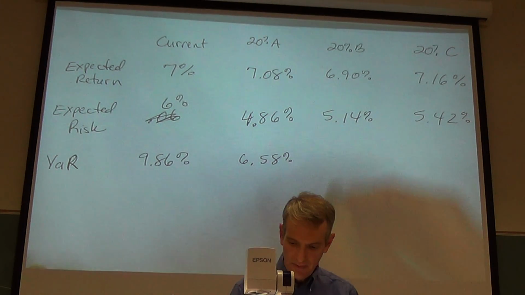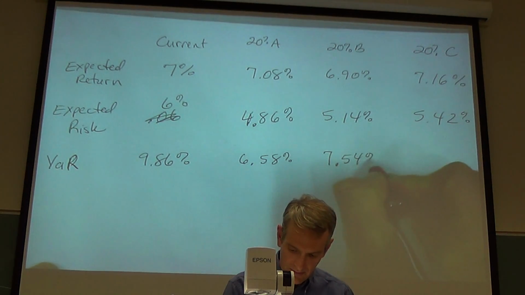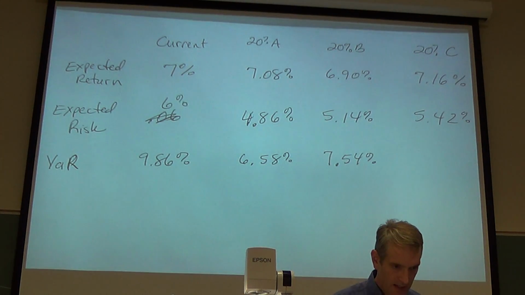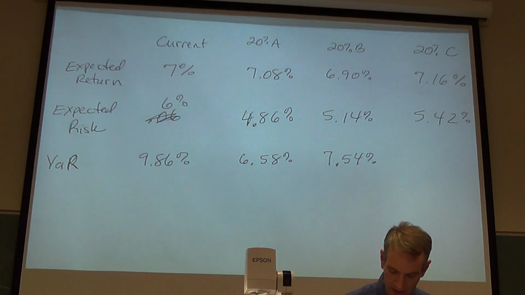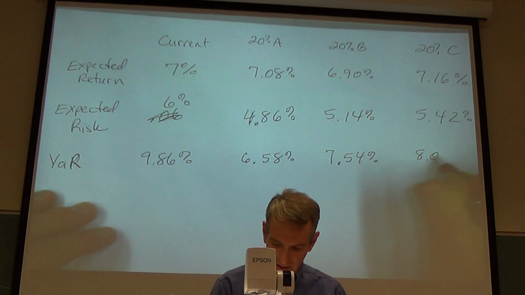And that gives me a VaR of 7.54%. And the last one, 0.0716 minus 2.81 times 0.0542. And it gives me 8.07. Anybody disagree with those numbers?